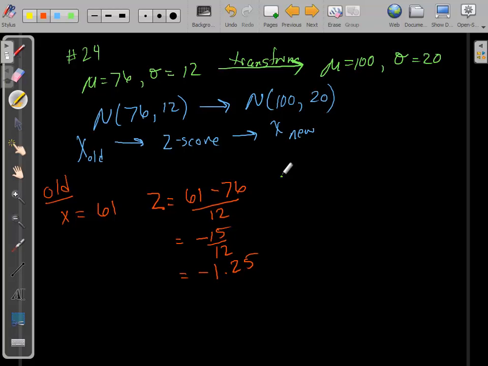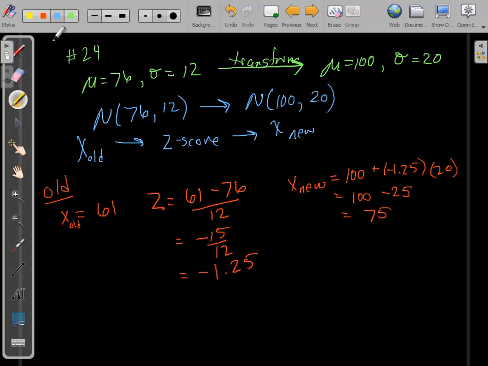Then we're going to take that z-score and say x old, and then x new, using the same formula from before, is going to be the new mean 100 plus our z-score negative 1.25 times the new standard deviation of 20. One and a quarter of 20 is going to be 25, negative 25, so 100 minus 25 is 75.